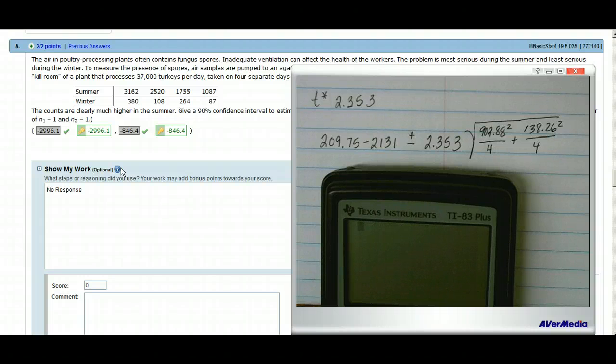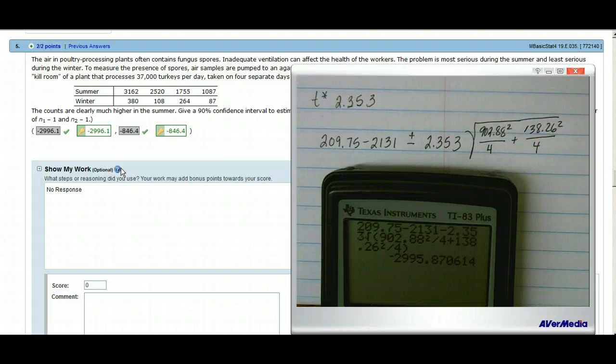I'm going to start off by finding the difference in the two, 209.75 minus 2131 minus, to get the lower, 2.353 times the square root of 902.88 squared divided by 4 plus 138.26 squared divided by 4, close my parenthesis. That looks right.